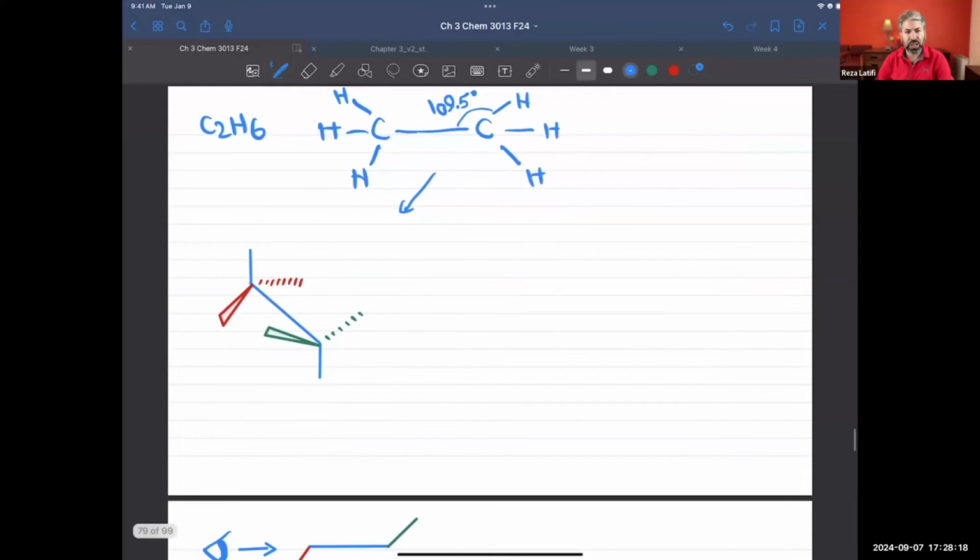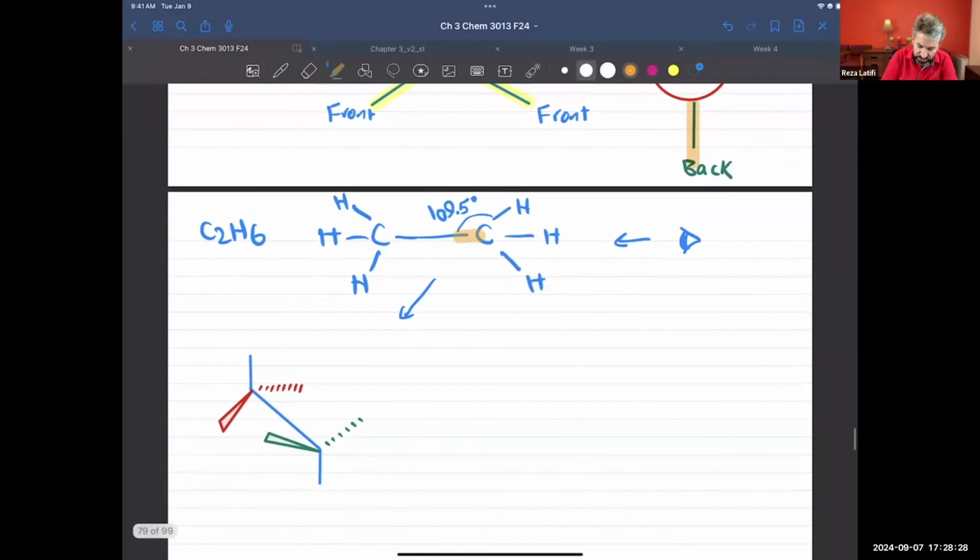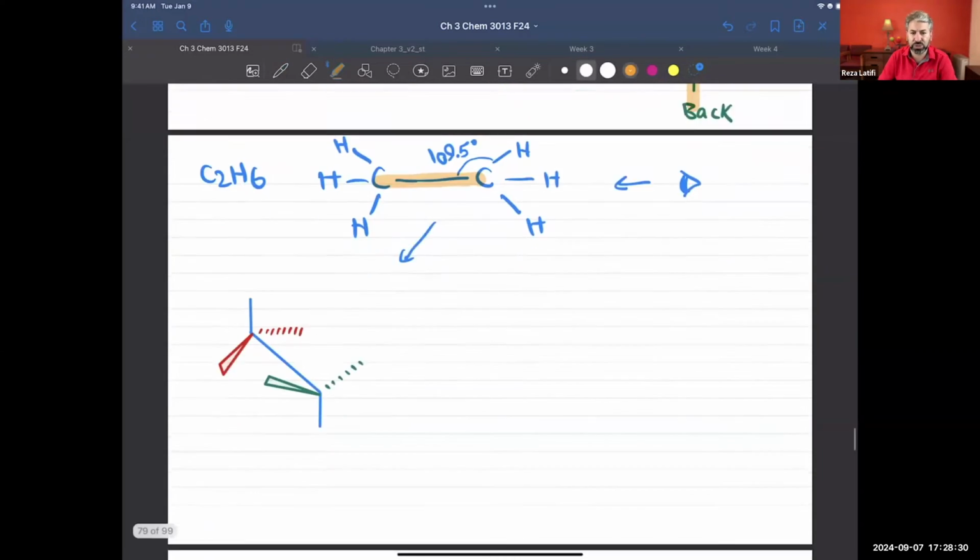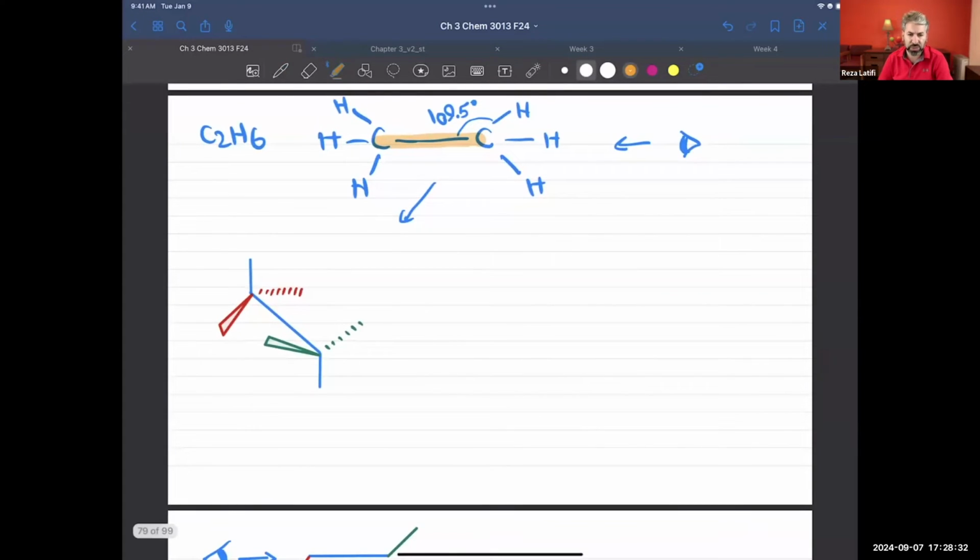So I have 2 carbons, and I'm going to look at the molecule from this side. I'm looking at the carbon through this direction, putting my eyes here, and I want to see the structure of the molecule.